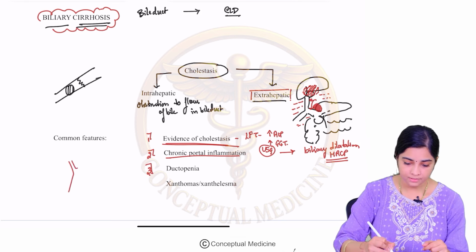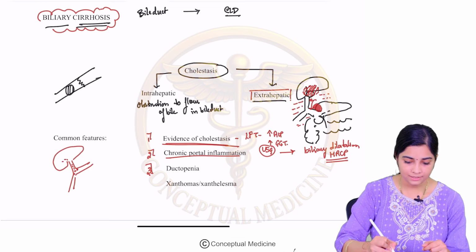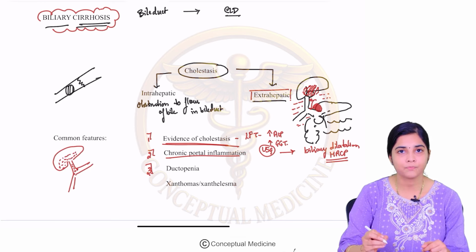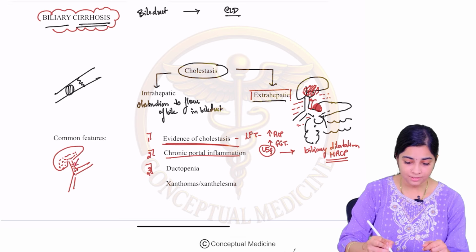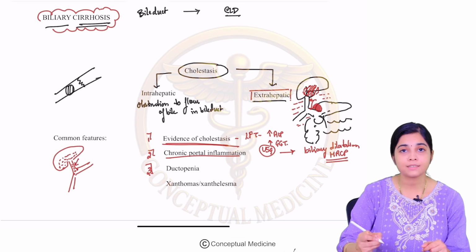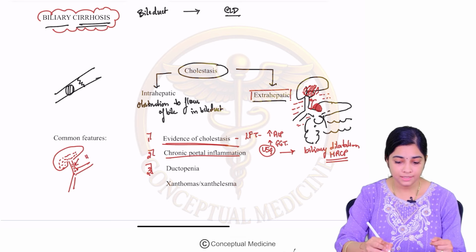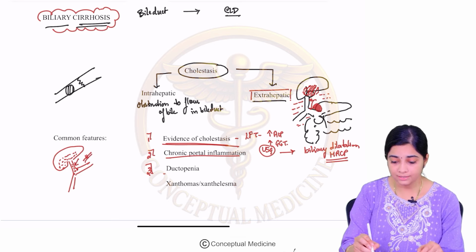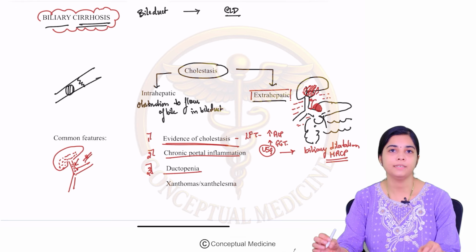If this is your biliary tract and this is your liver, initially the inflammation is here, but later, as the disease progresses, the inflammation moves towards the liver. Because of the damage, the biliary ducts get destroyed, and this results in ductopenia.